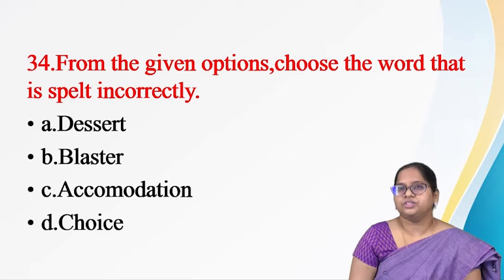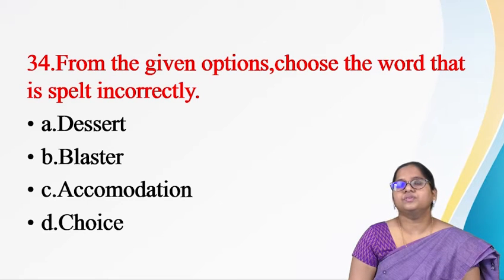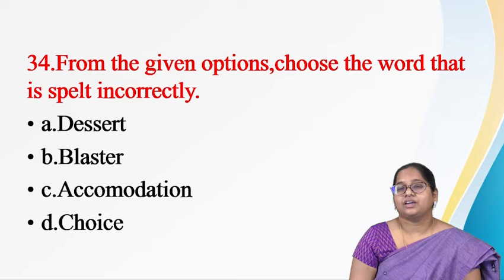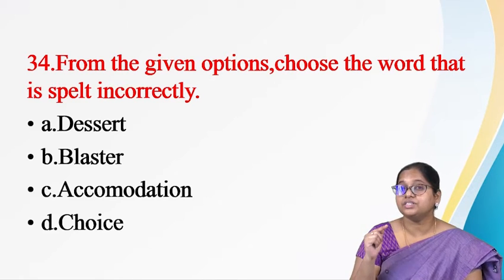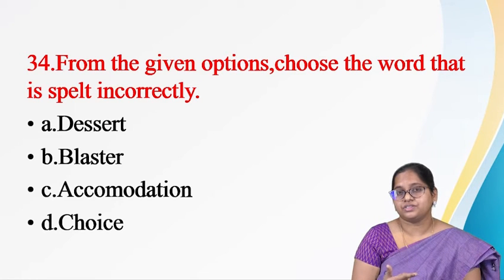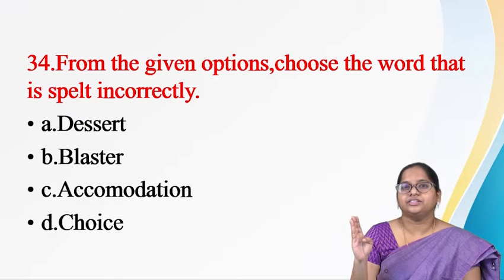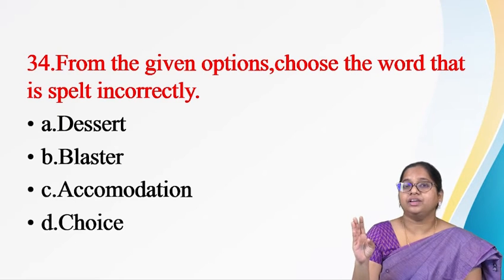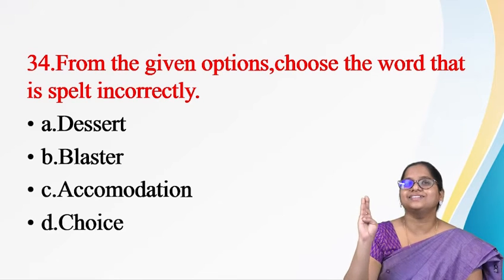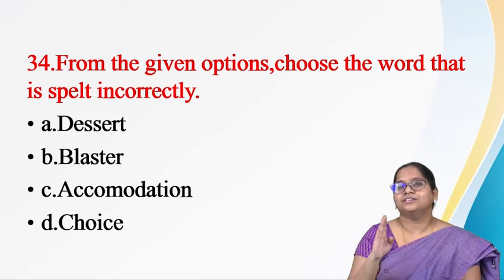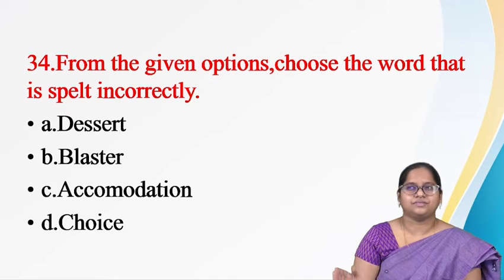Next, from the given options, choose the word that is spelled incorrectly. See how many times you have seen this so far, nearly four to five times, even in the previous session. That shows that you have to pay equal attention to vocabulary, and also to the spellings of words, to grammar, to the different parts of speech, and to passive and active voice.